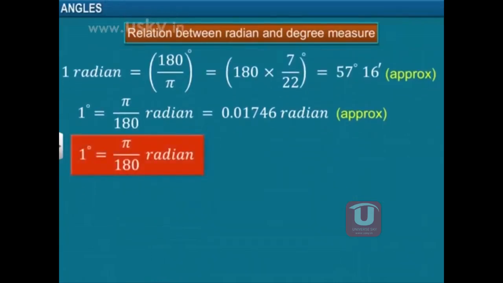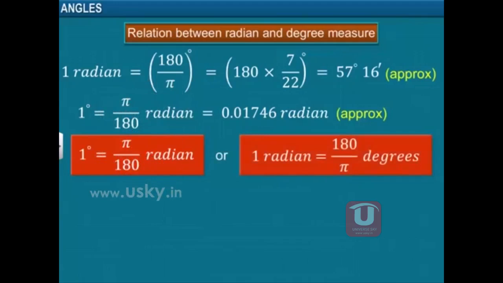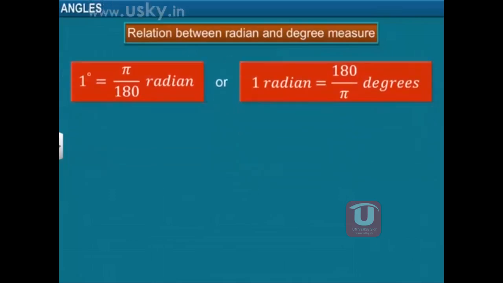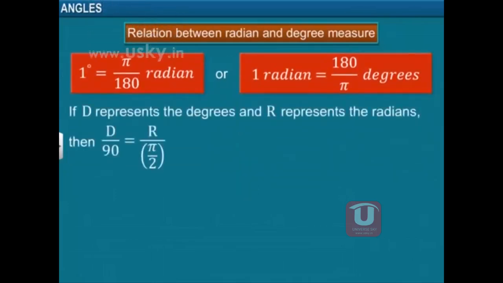So we can convert degree measure to radian measure or vice versa using the formulae shown. There is also an alternate formula to convert degree measure to radian measure or vice versa. If d represents the degrees and r represents the radians, then d divided by 90 is equal to r divided by pi upon 2.